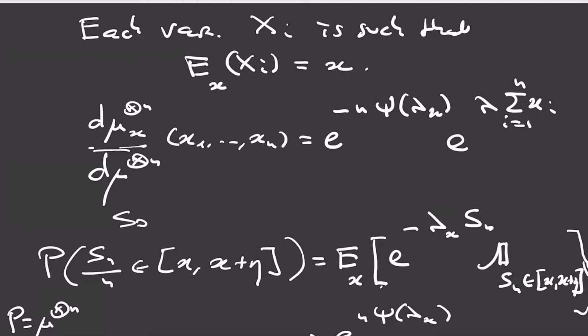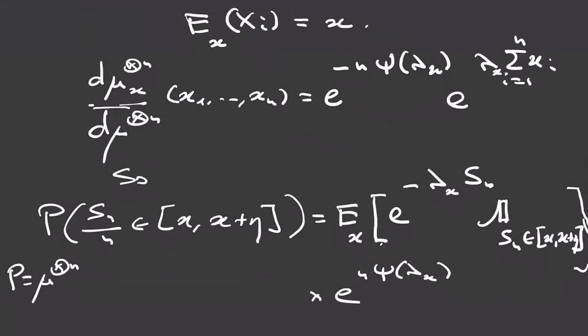That is, I express that this probability is equal to the expectation of the indicator set times 1 over this density here, that is exponential of n psi of lambda x times the exponential of minus lambda x Sn. Excuse me, there is some x missing here.